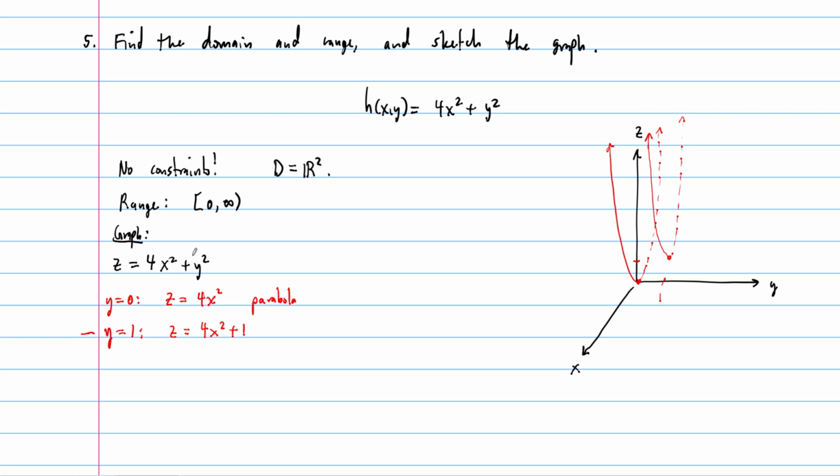What we can do then is take traces that are parallel to the xy plane, or we can just look at the xy plane. So take the trace when x is equal to 0. This equation is going to be z equals y squared. Well, that's also a parabola. But this is a parabola which is not stretched like the other one. So it's going to be a little bit wider, and it's supposed to go through that point.